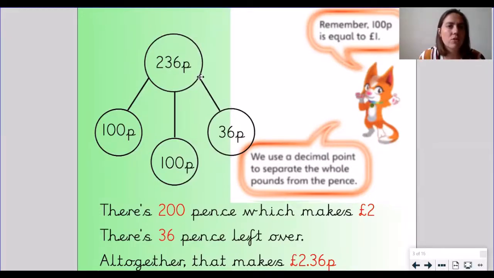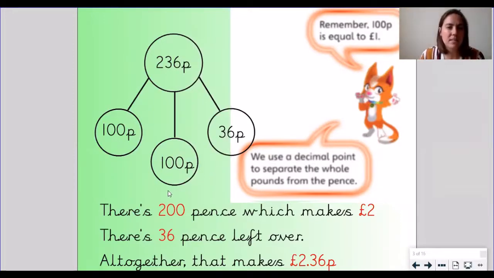If I've got 236 pence and I want to partition this, I'm going to take out the 100p first, because I'm going to take out the pounds. So I've got one lot of 100, and then another lot of 100, and then I have what's left over. So I've got 100p or £1, 100p or £1, and 36p.